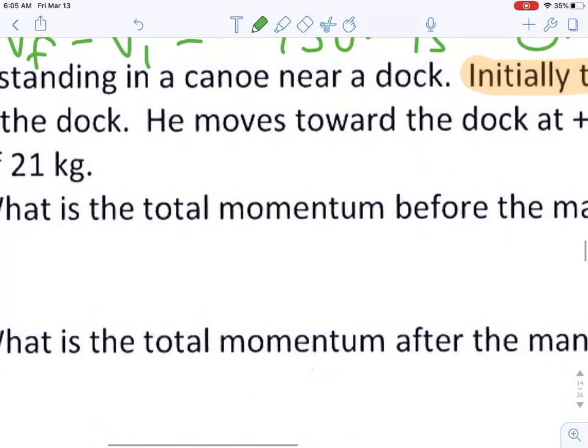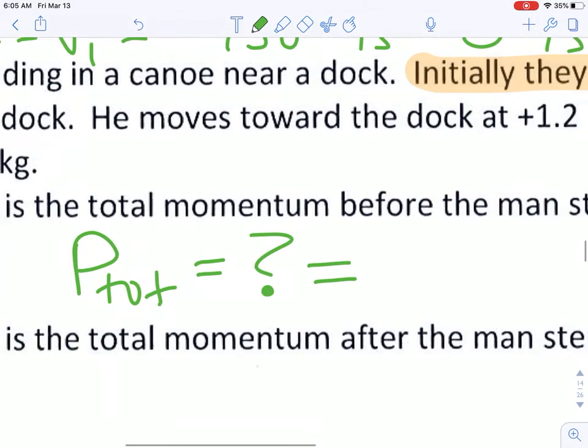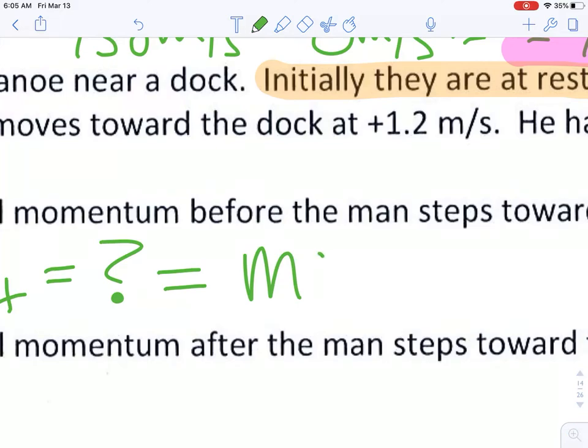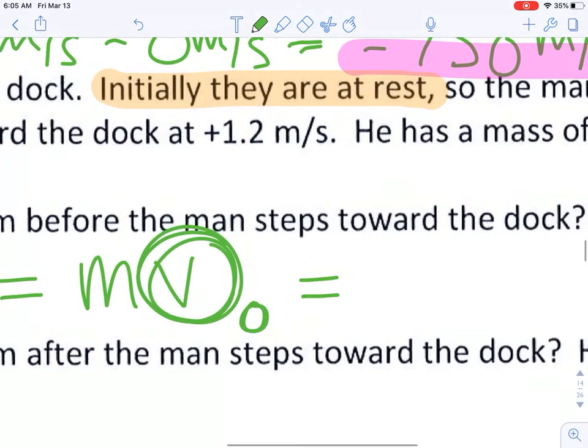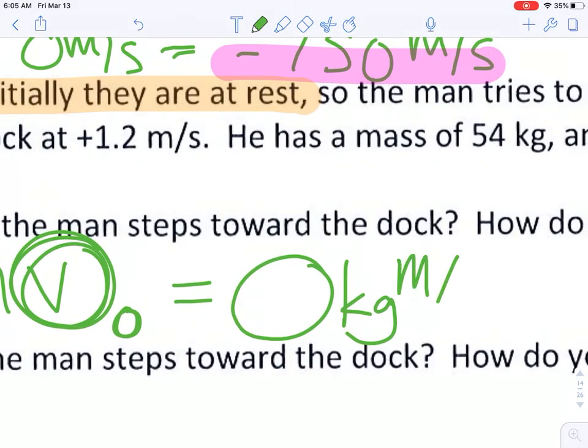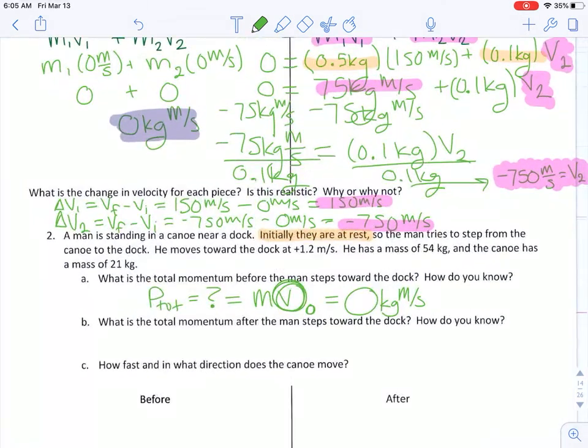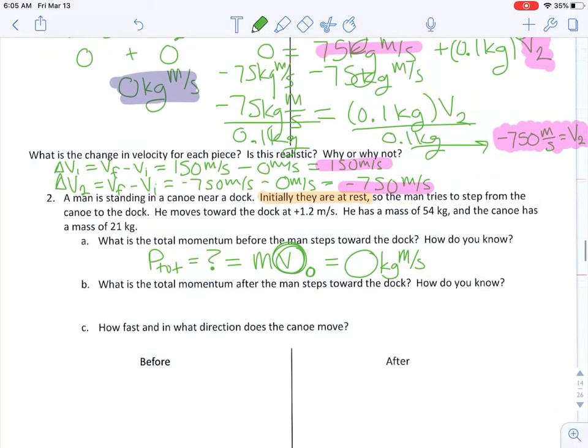So that first question asks, P total equals what? And we can say, well, mass times velocity, right? And anytime we are at rest and velocity is 0, our total momentum is 0.